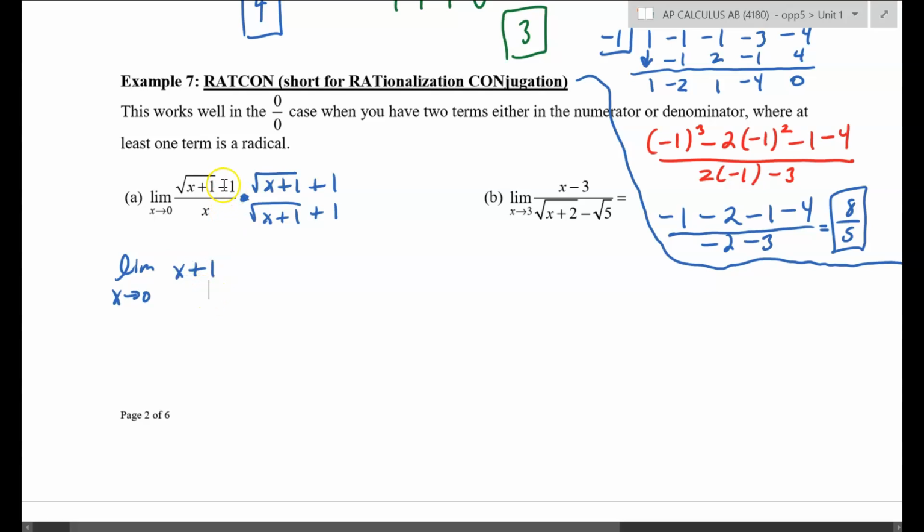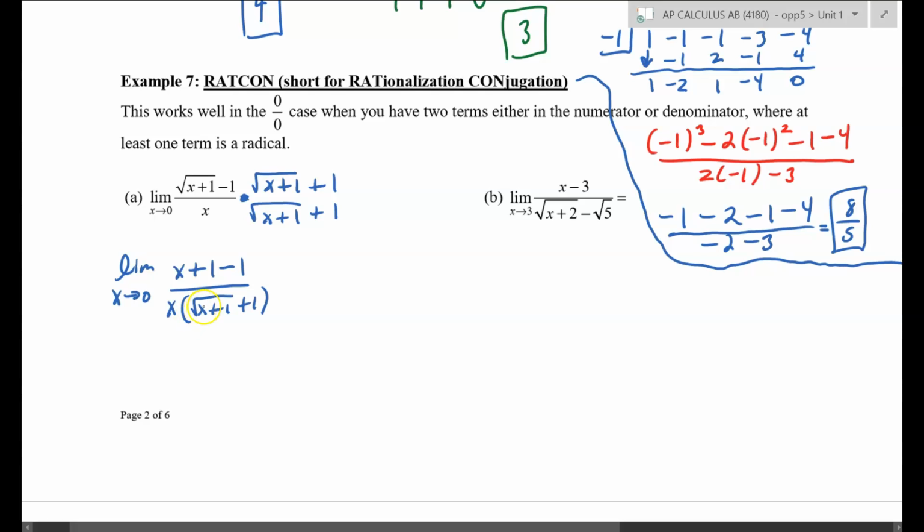Okay. Then I have this times this, that's the inner. Then I have this times this, that's the outer. Those are going to be opposites. And then I have -1 times 1, which is -1. All over x times, all over that.